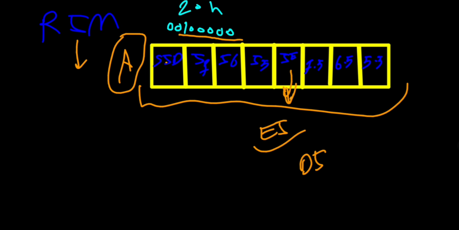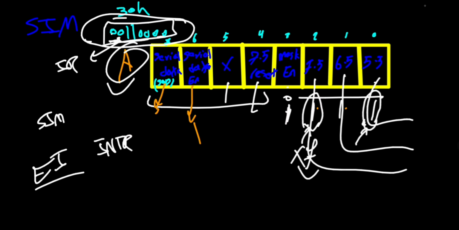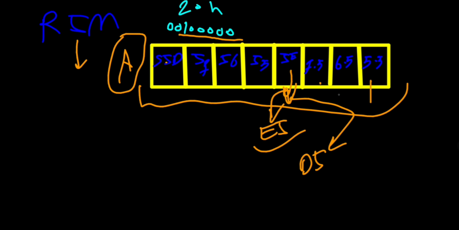So this bit says whether the interrupts are disabled or enabled. 5.5, 6.5, and 7.5 would tell you whether these interrupts are masked or not. So whatever you did in the SIM would be shown here. Like if you masked them previously as 1, 1, 1, then they would have the value of 1, 1, 1.